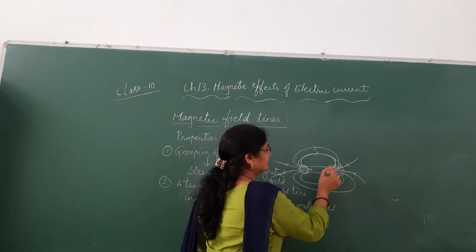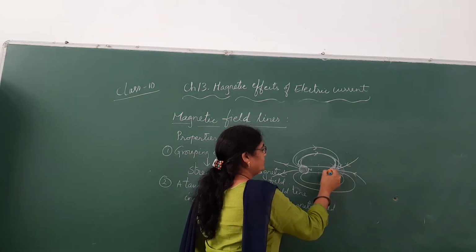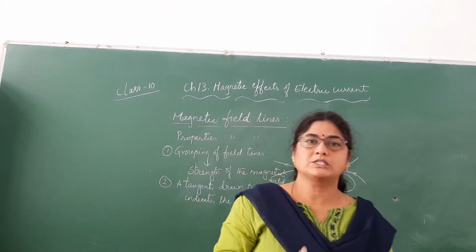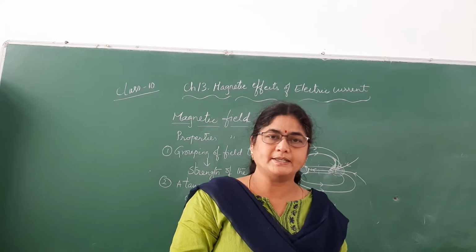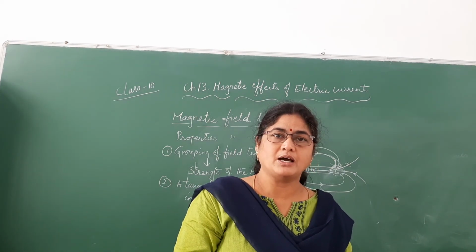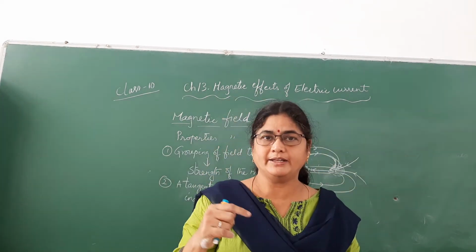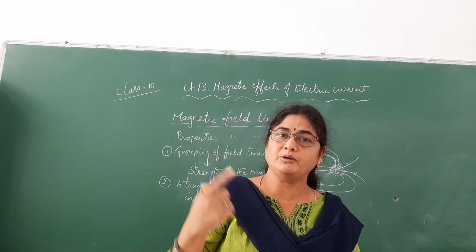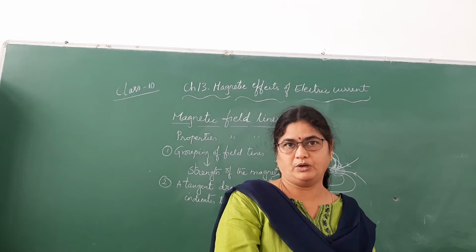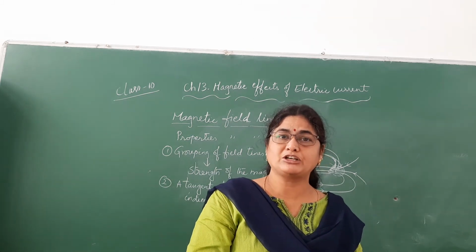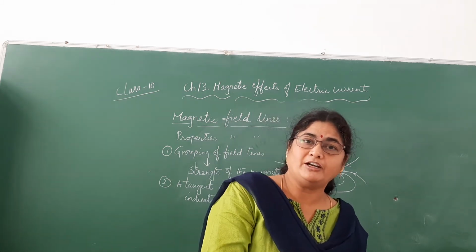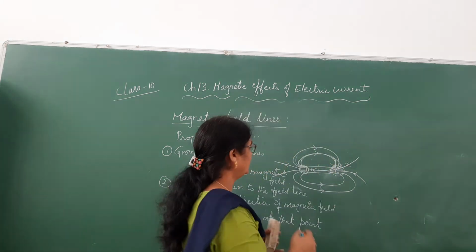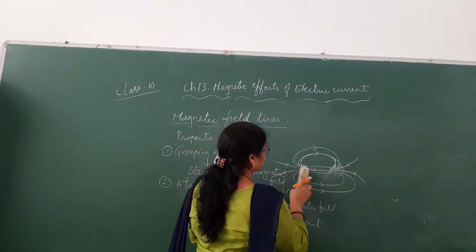Whereas inside the bar magnet, they move from south to north. Outside the bar magnet, the field lines are coming from north pole and ending at south pole, whereas inside the bar magnet, they are moving from south pole to north pole. Unlike electric field lines, magnetic field lines are closed continuous curves.